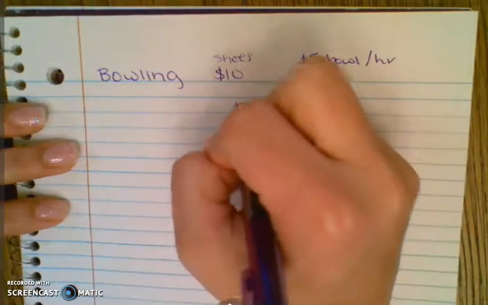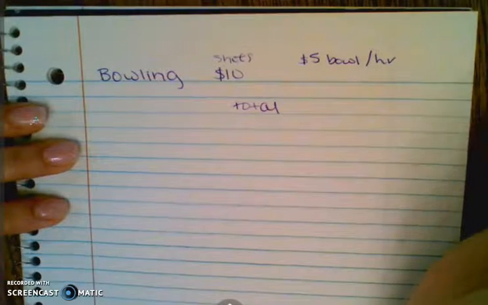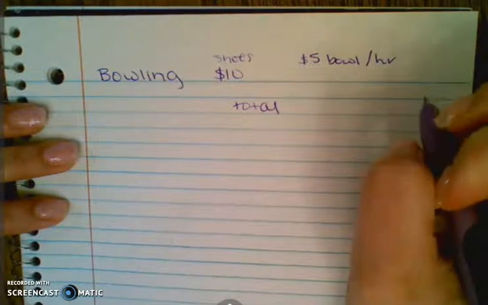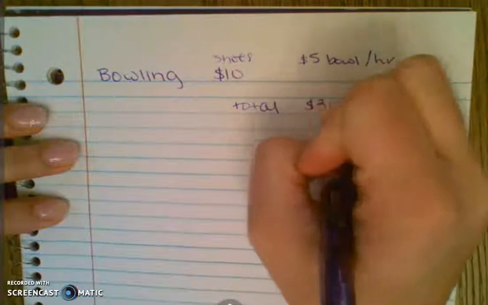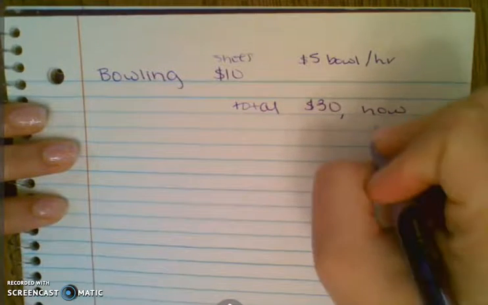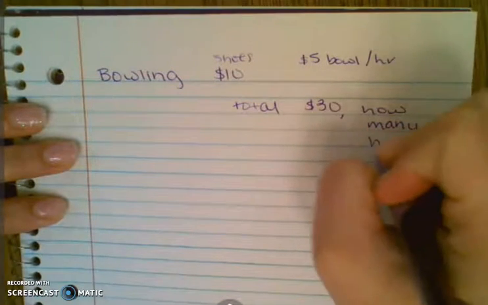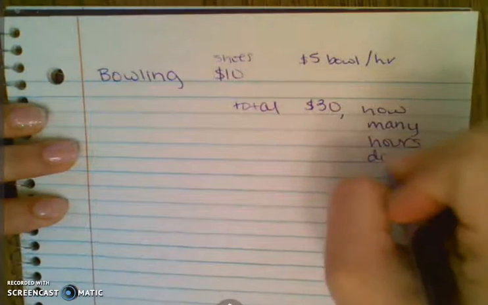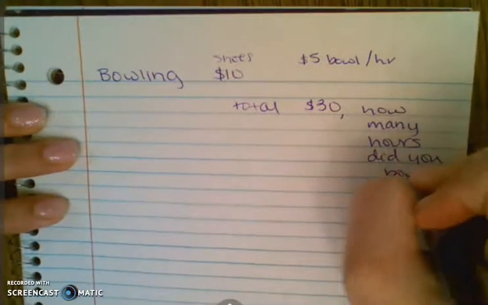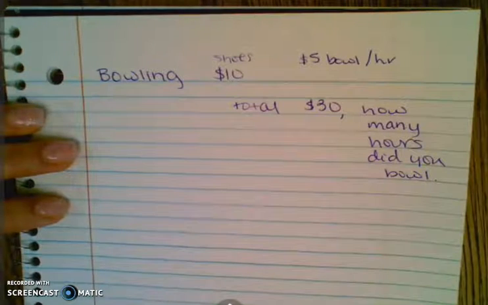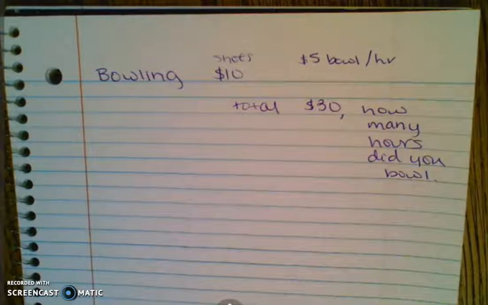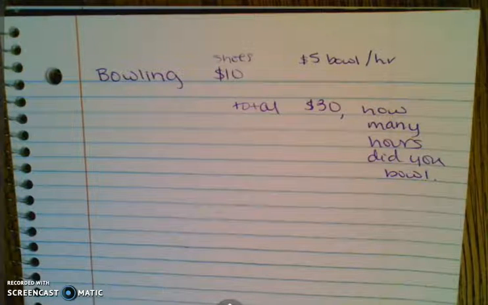You spent a total of, let's say, $30. How many hours did you bowl? Okay, so since you went bowling, your shoes cost you $10 and it's $5 to bowl per hour. You spent a total of $30. How many hours did you bowl?